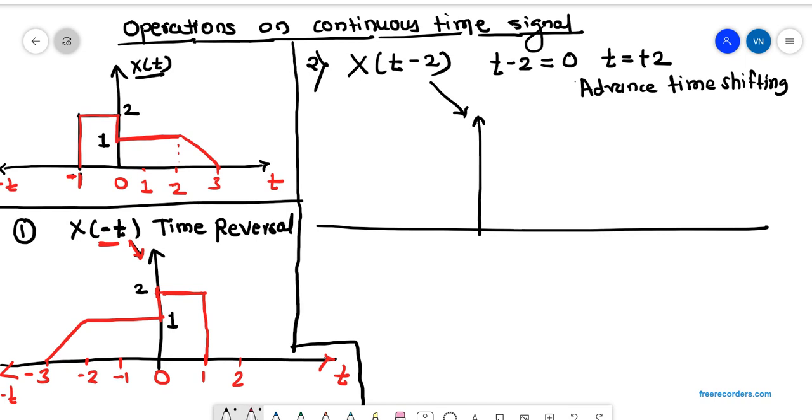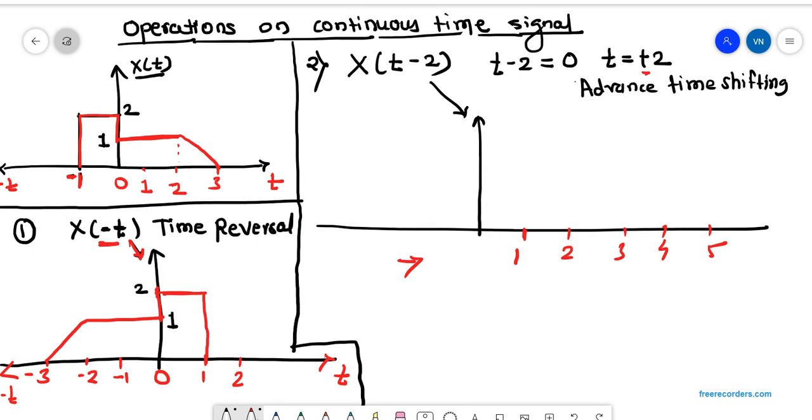So how can we draw x of t minus 2? Whatever the signal is starting from -1, that signal will shift by plus 2. Plus 2 means the signal will shift to the right by two positions. Now the signal will start from 1, 2, 3, 4, 5.